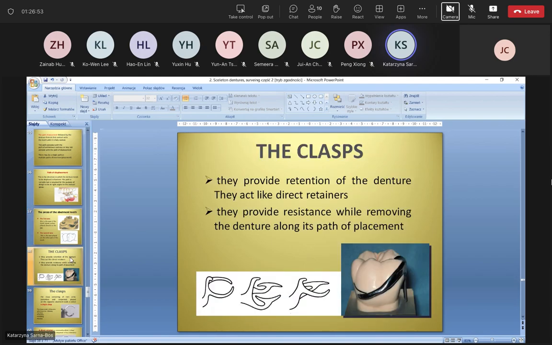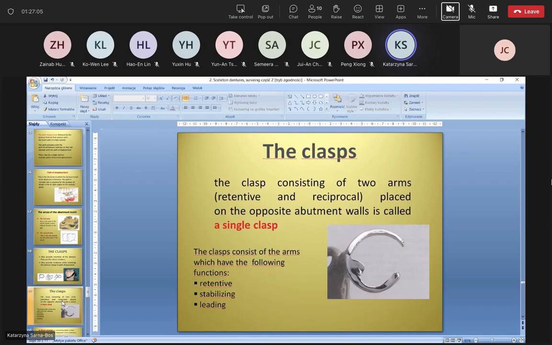Okay, and the clasps. They provide retention of the denture. They act like direct retainers. They provide resistance while removing the denture along its path of placement. The clasp consists of two arms, retentive and reciprocal, placed on the opposite abutment walls, and it is called a single clasp.